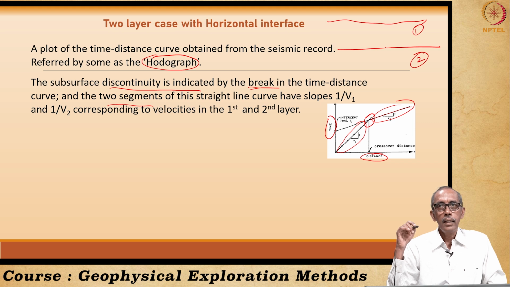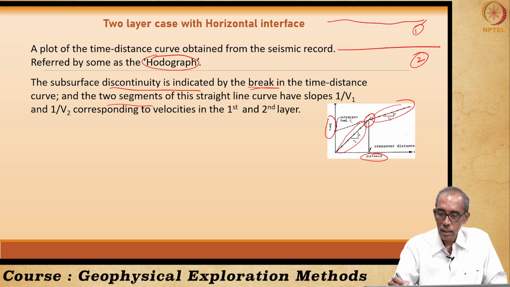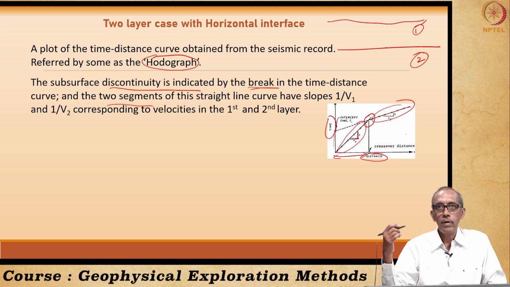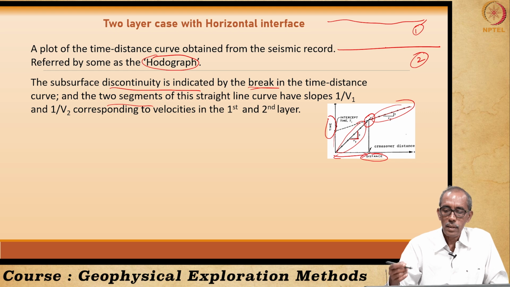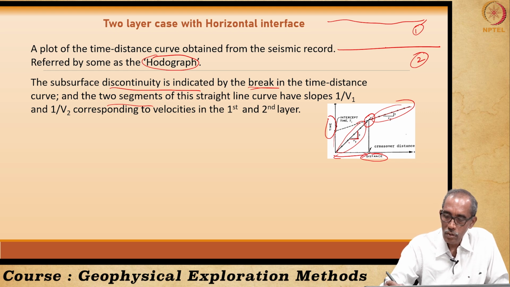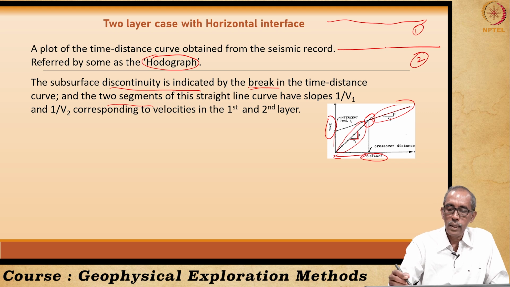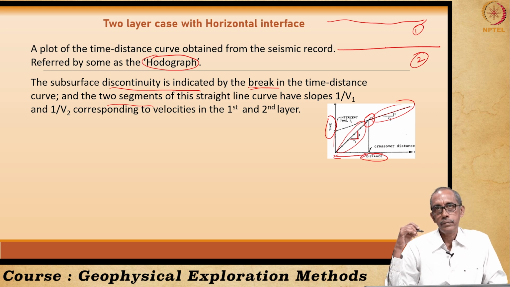Since we have now plotted the time distance plot, it also gives the velocity, because we have the distance travelled and the corresponding time taken. Distance travelled and the time taken is nothing but velocity. In other words, the inverse of the slope of this segment gives the velocity.